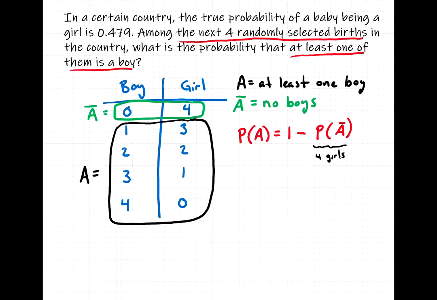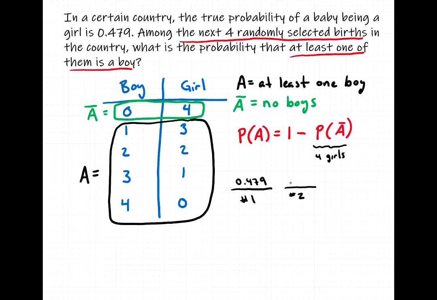If we look at child number 1, what's the probability that the first child is a girl? Well, that's given in the problem: 0.479.